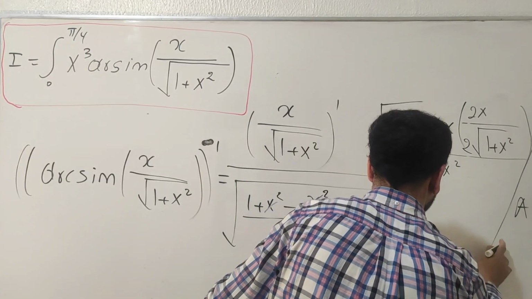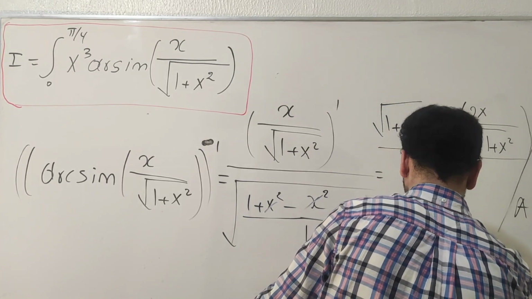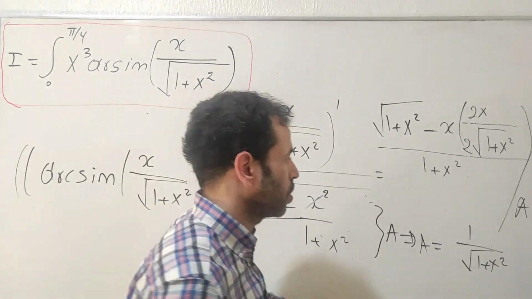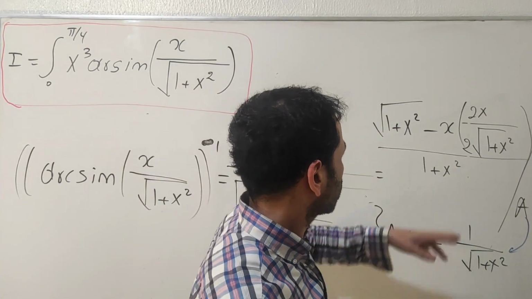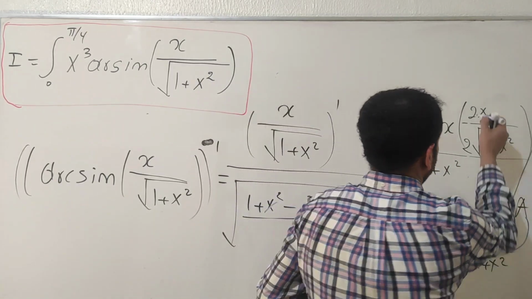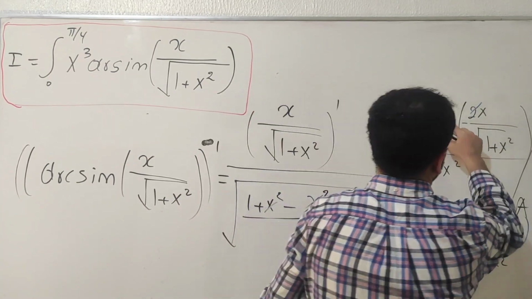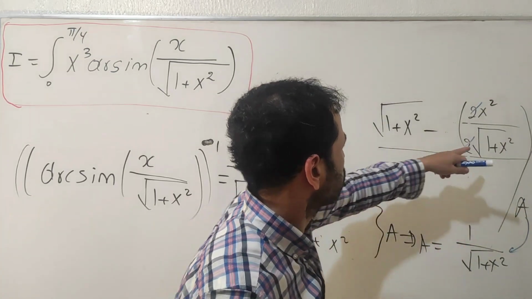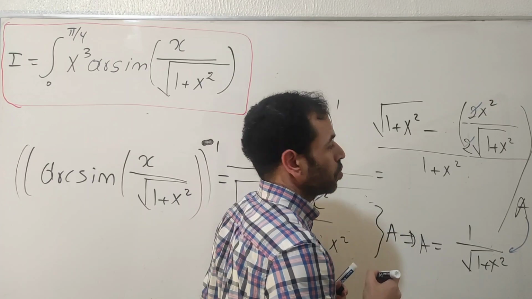Capital A is going to give us 1 over the square root of 1 plus x squared. This is just the denominator. This capital A will be replaced with this one. Now calculating this numerator, I'm going to cancel out this number 2 here. Then this x becomes x squared with this one. Multiplying this one with this one, this radical is going to be cancelled.